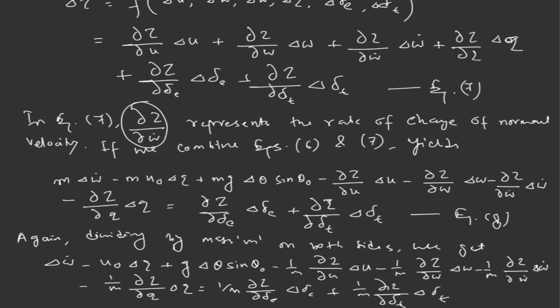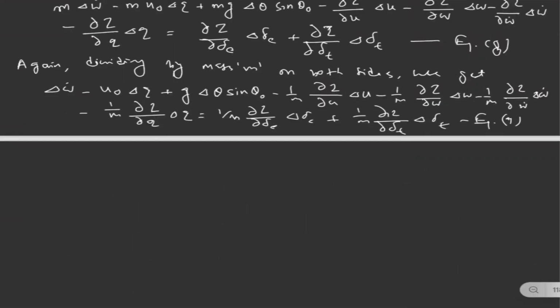So this is equation number 9. This equation further we can write in compact form by denoting Cu as 1 upon m del z del u, and so on for the rest of the derivatives.